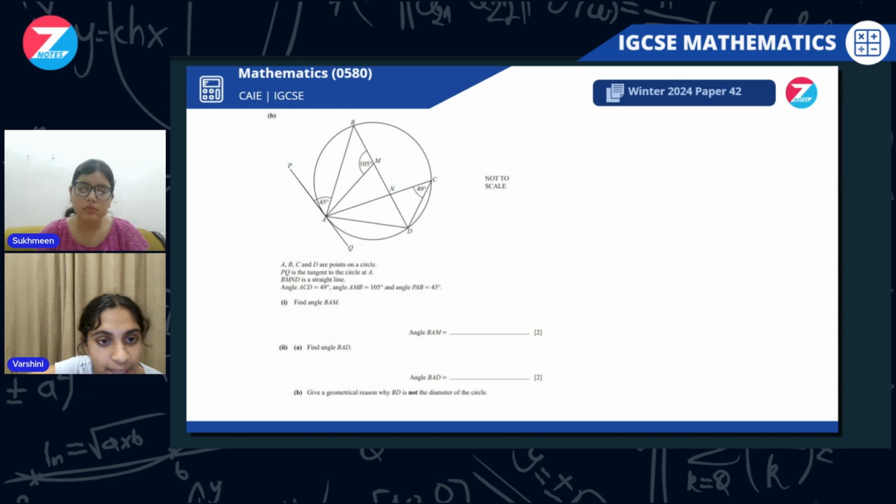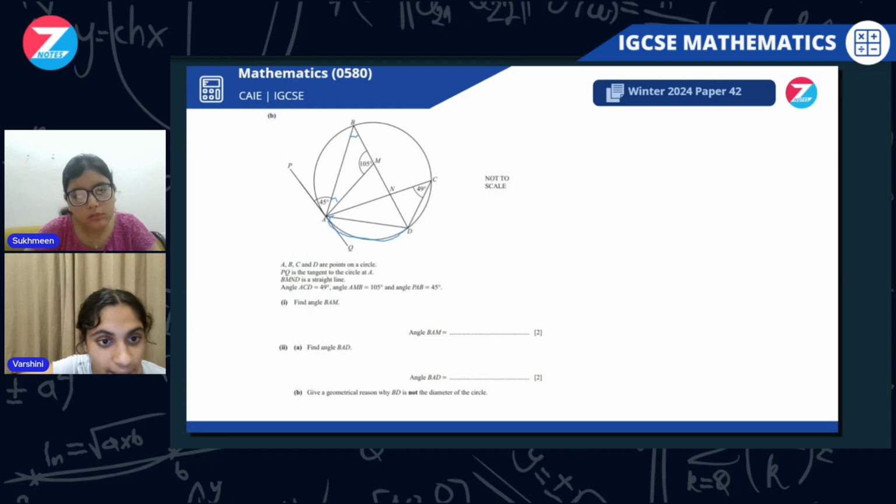Okay, find angle BAM. So they want us to find BAM, this angle over here. So we know that for any triangle in a circle, if the angle subtending it is the same as another triangle, we know that they're equal. So that means the angle subtended by 49 is this arc. The arc is this, and for ABM, we also know it's the same arc.